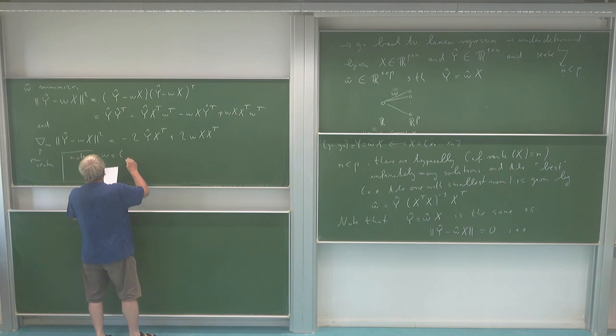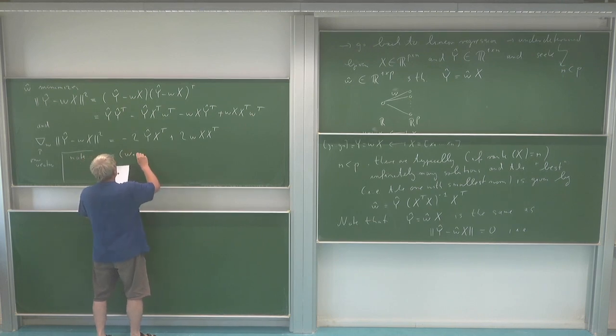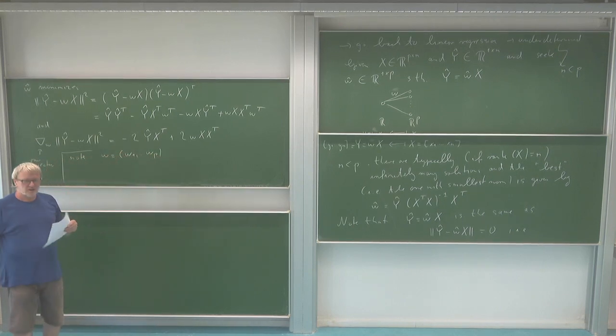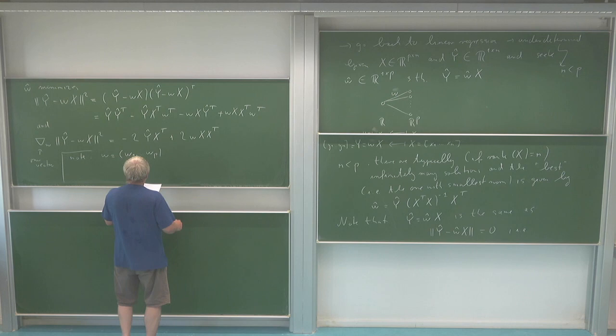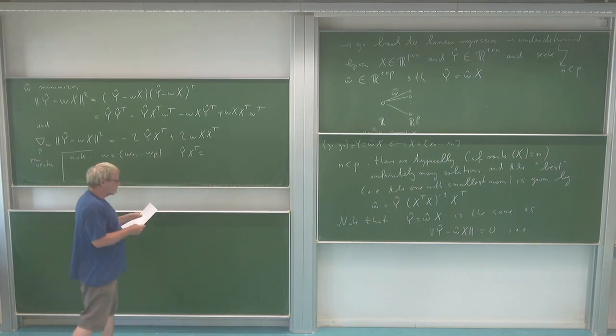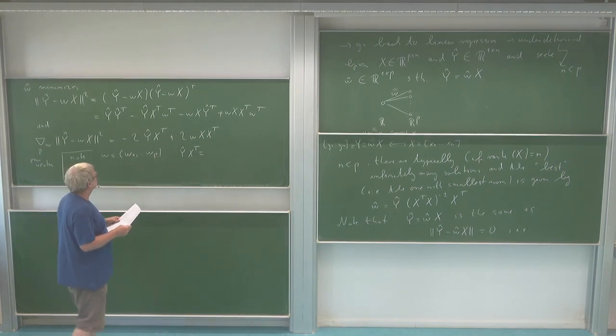I can only be sure if I write this in components. So my w is a row vector, then I have the y transpose, x transpose. So this is a vector, and this is also a row vector.